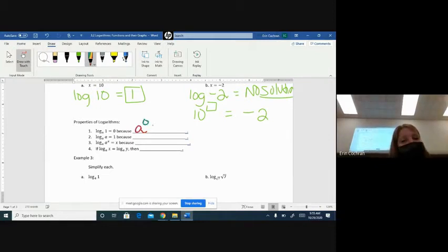Anything to the 0th power is 1. Does that make sense? Yeah. All right, log base A of A is always going to equal 1. Why? Because A to the first power is always what? A itself, isn't it? It's always its identity.